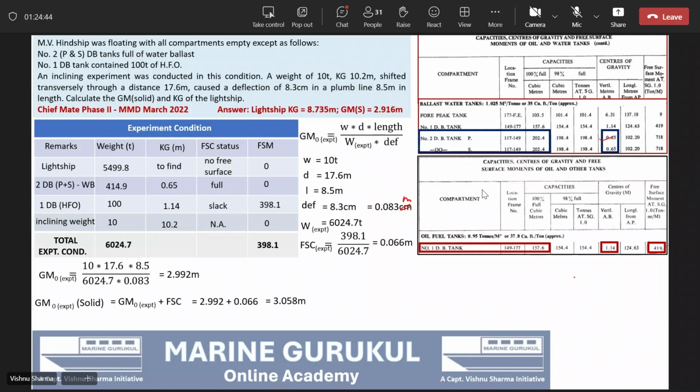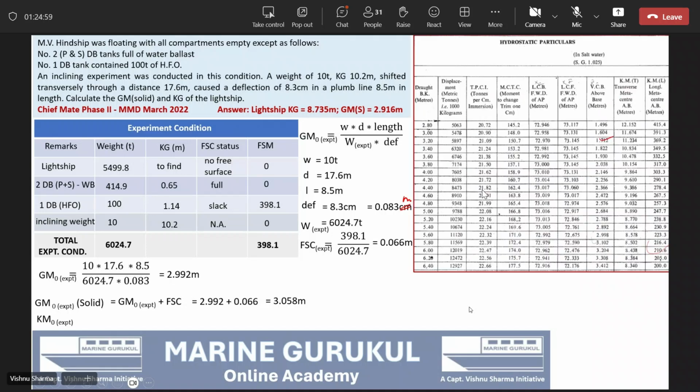Now, we need KM to get the KG in the experiment condition. For what displacement will we take the KM now, guys? 6024.7. Very good. Here come the hydrostatic particulars. Interpolate the KM, so that if there's a misprint in your books, we don't have different answers.